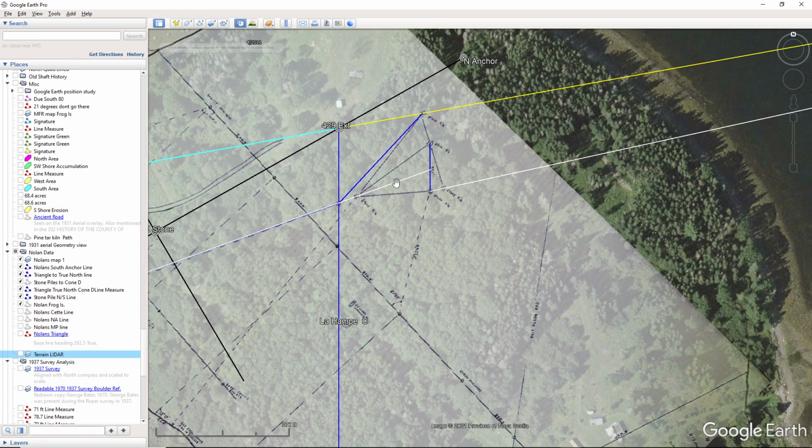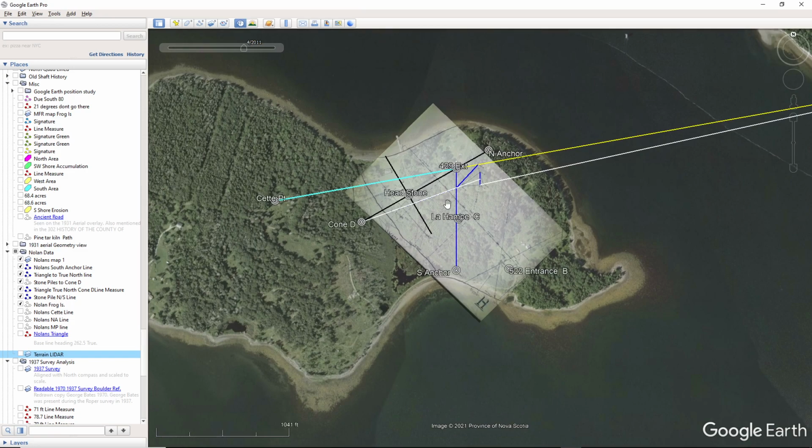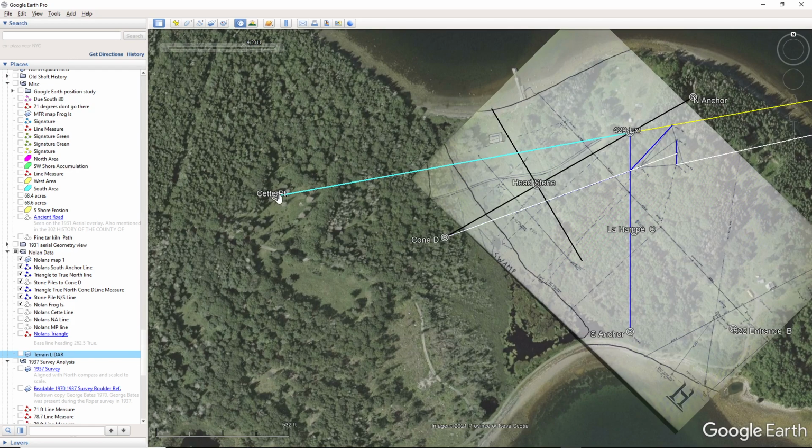Another thing is we have this connection to the Frog Island landing, and the thing that is next connected with the Frog Island landing is the set point.